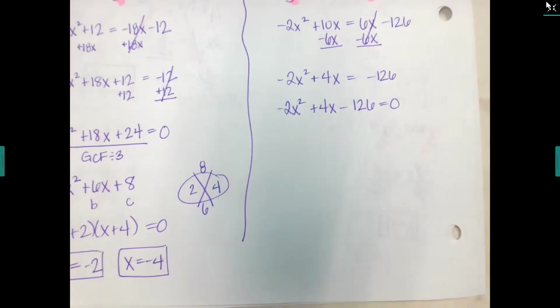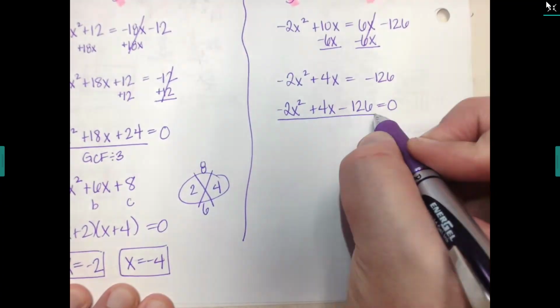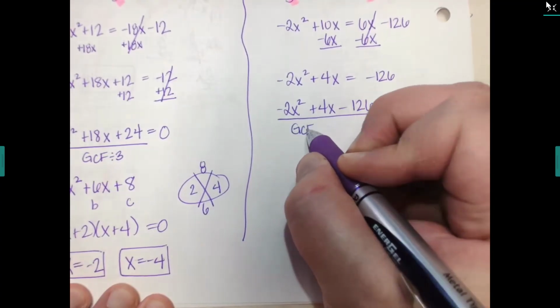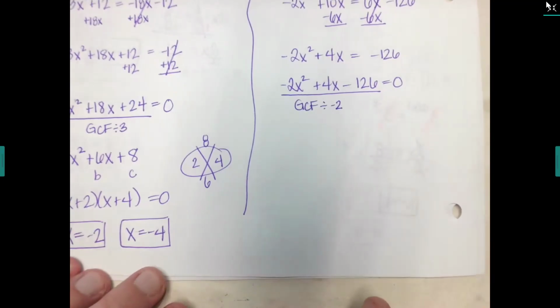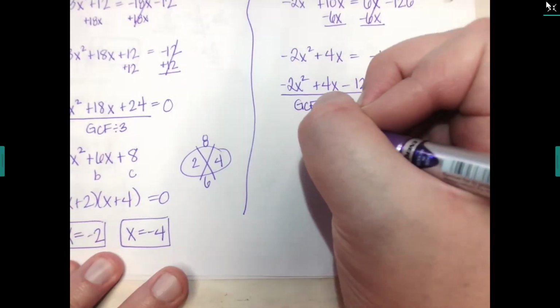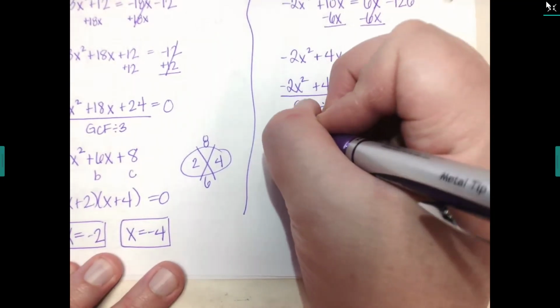Is there a GCF that will make my AC chart easier? 2. Now, if the front one's negative, remember you should divide by -2. So I'm going to put here GCF divide by -2. So my minus 2x squared is now a 1x squared.